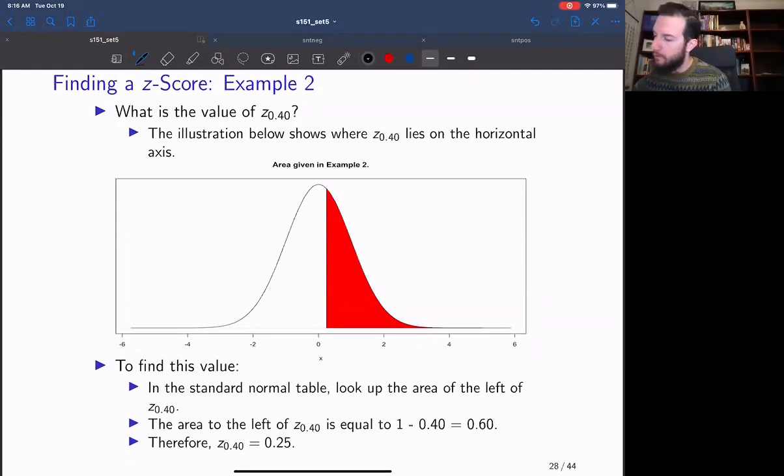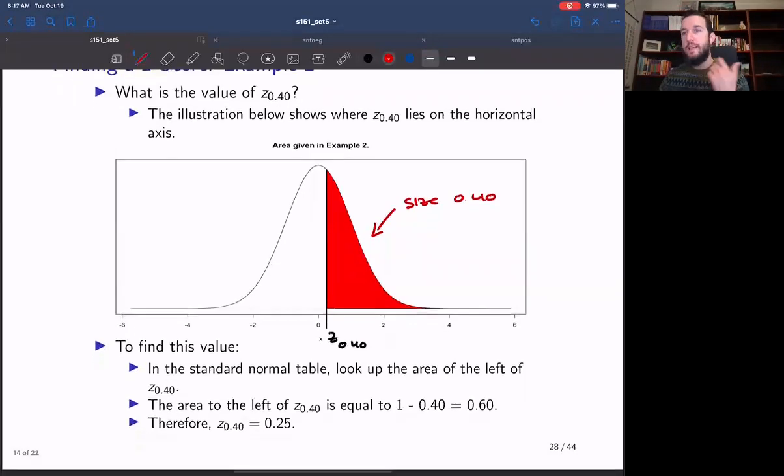All right, so that means here on this boundary line, we have Z subscript 0.40. Okay, so the subscript represents area to the right. So this red shaded part here is a size of 0.4. That's the area to the right of the z-score that we are looking for.